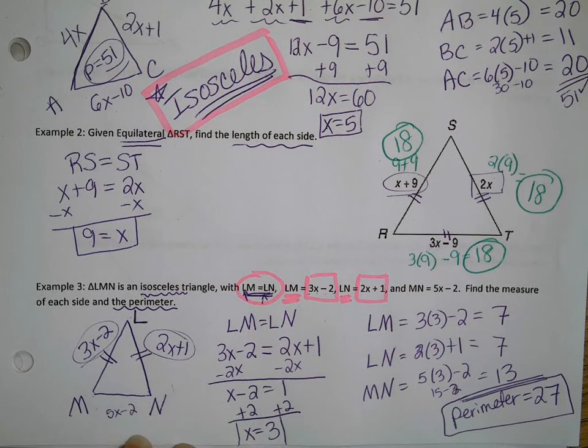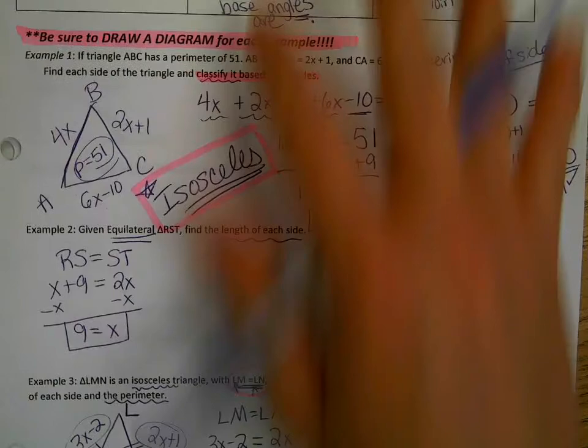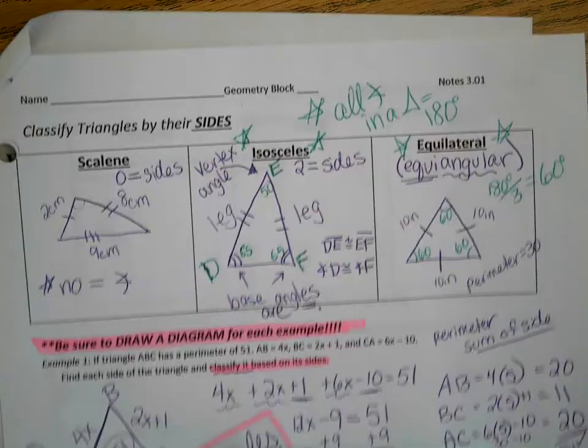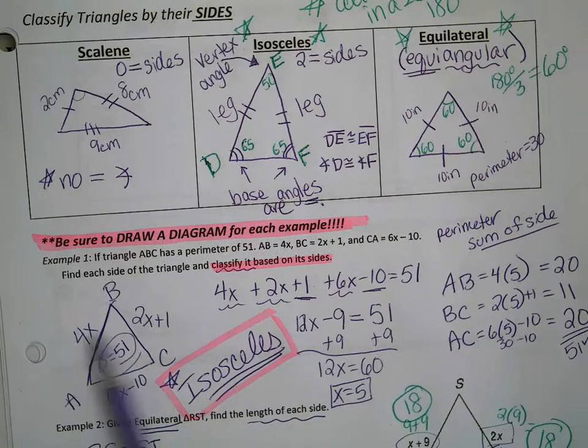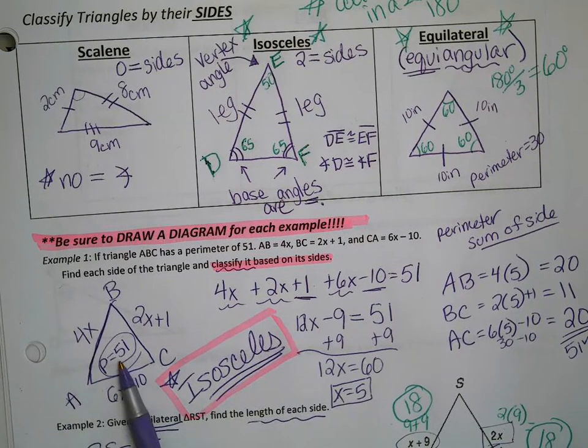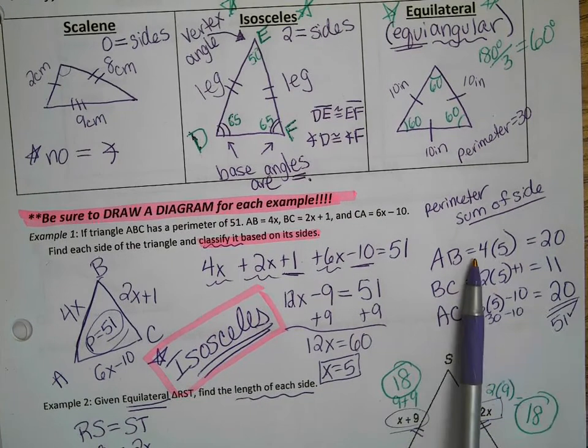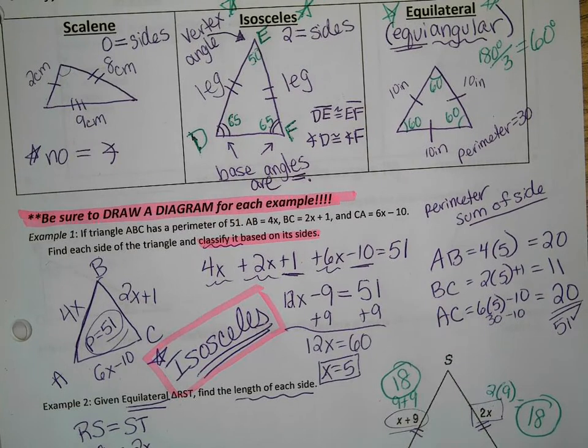Okay. So again, this whole side here was classifying triangles based on their sides. In one example, we were given expressions and a perimeter. We found that the triangle was isosceles, right? With AB and AC being the equal sides.